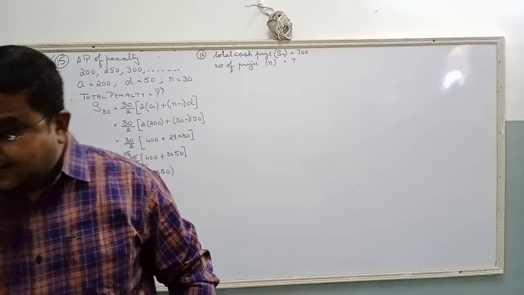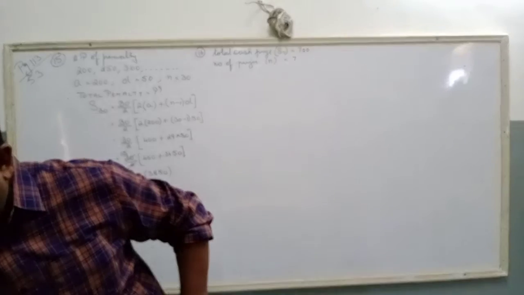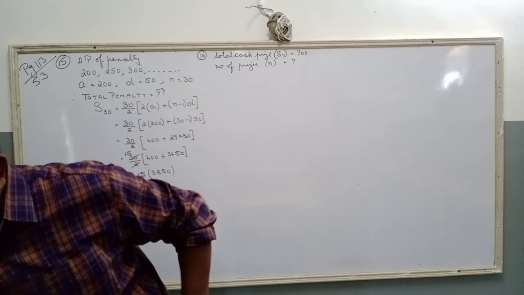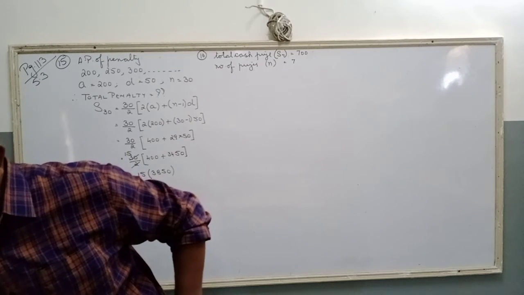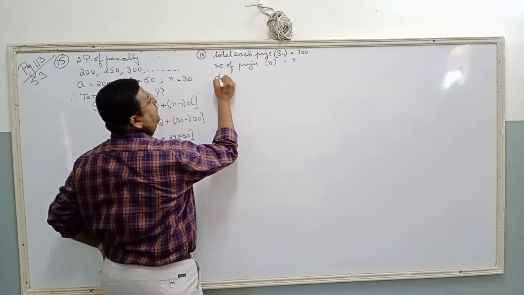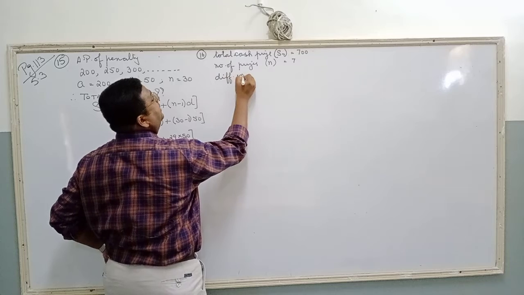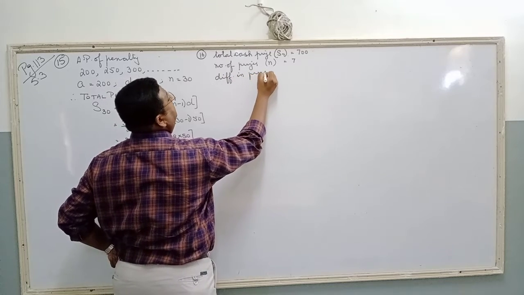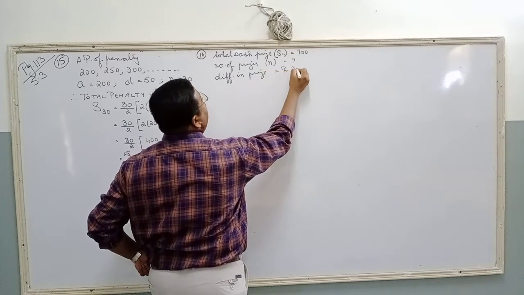And then he says that each prize is 20 less than the preceding. That means the difference in prize is equal to rupees 20.